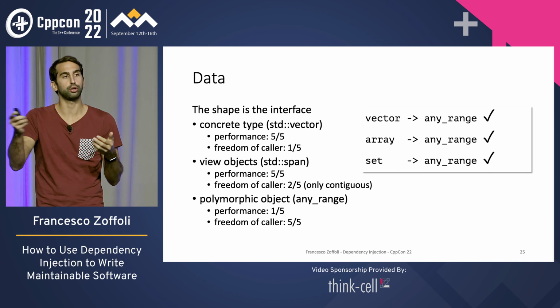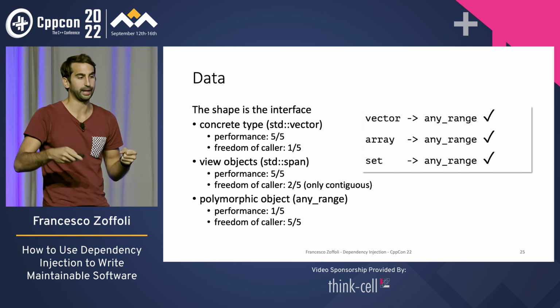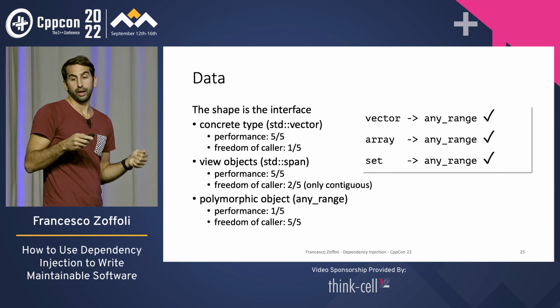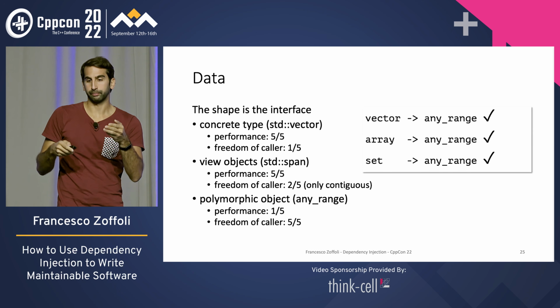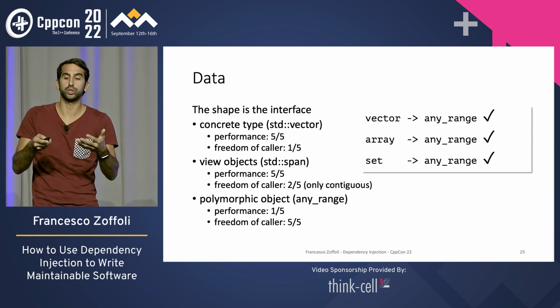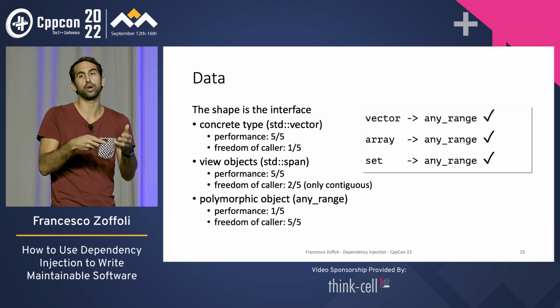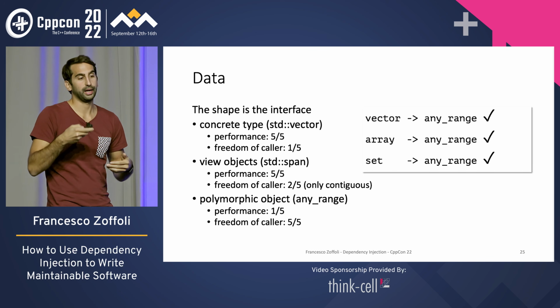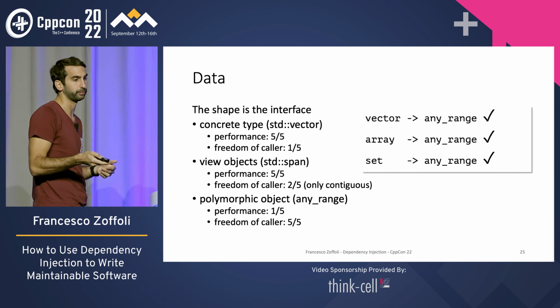A vector of vector is not compatible with a span of span. So I'm forcing the user to convert again. So we need to evaluate the correct choice to make depending on the use cases. If we had a single dimension, you might use a span, but if not, it could be just more convenient to use a vector with the same cost for the user.